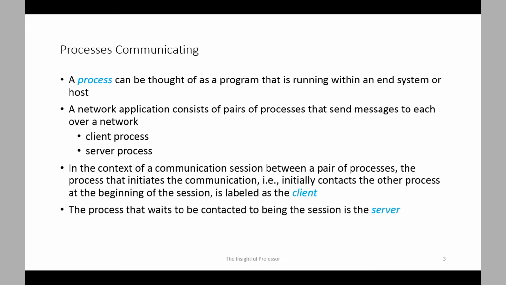The client process, a program running on the client machine, is what's sending the request, and the server process running on the server machine is what responds to the request. And again, in the context of some kind of communication session, the process that initiates the conversation is the client, and the process that waits for a request for service and responds to that request is referred to as the server.